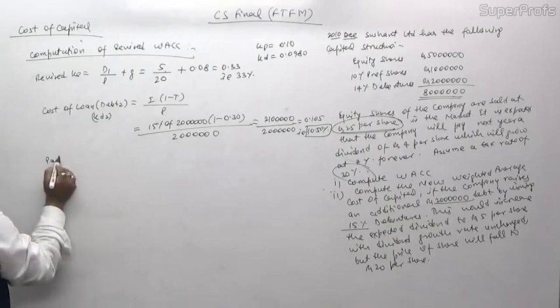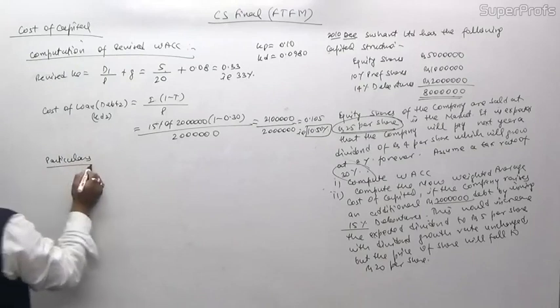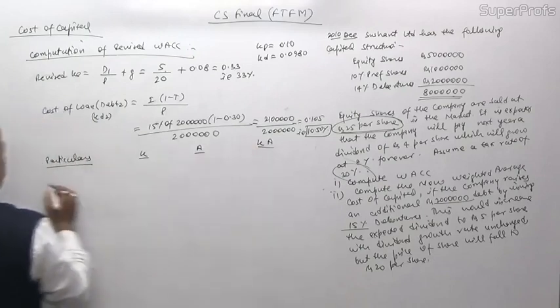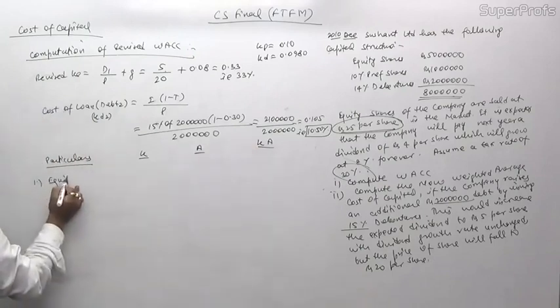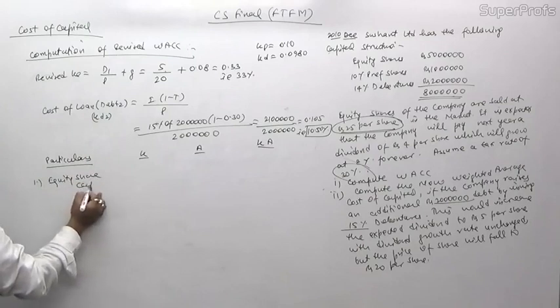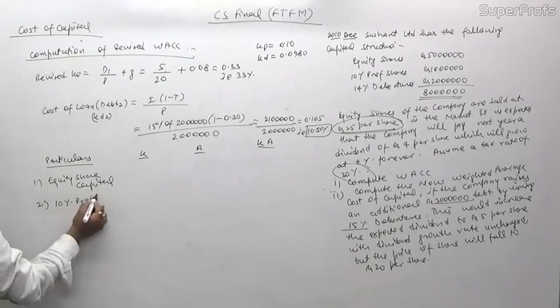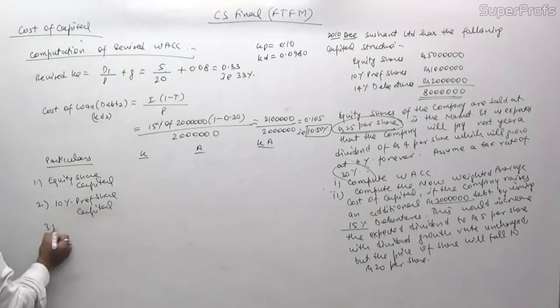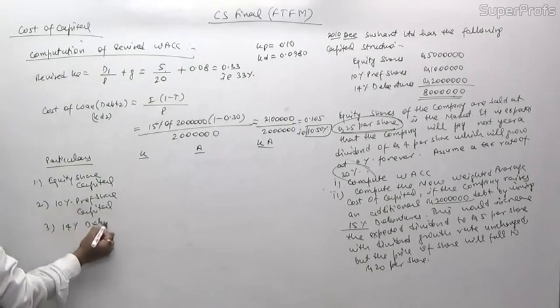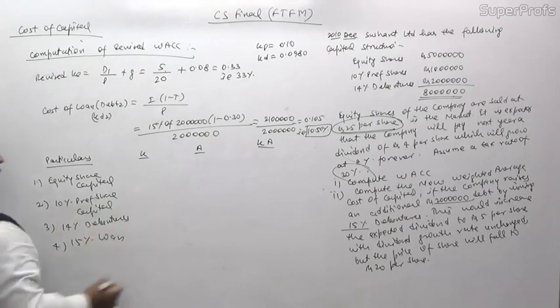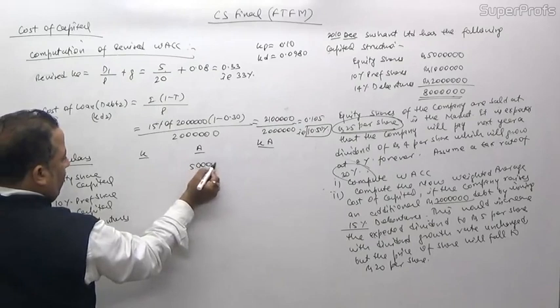So the revised weighted average cost of capital particulars: K into A, with 14% debentures and 15% loan. The amount of equity share capital is 50 lakh rupees.